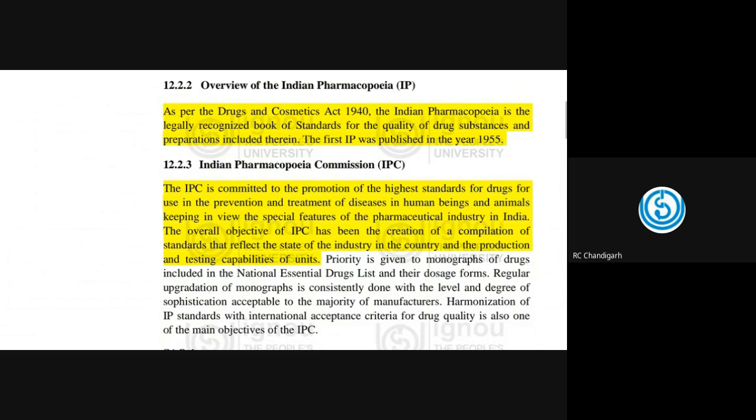So it is mainly concerned with the pharmacopoeial composition of various drugs in India. The overall objective of IPC has been the creation of a compilation of standards that reflect the state of industry in the country and the production and testing capabilities of different units.